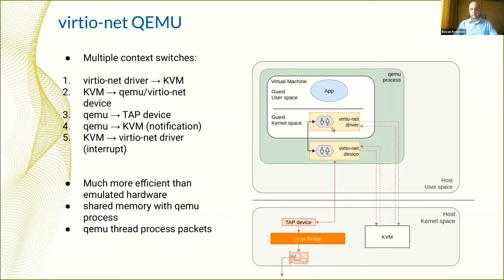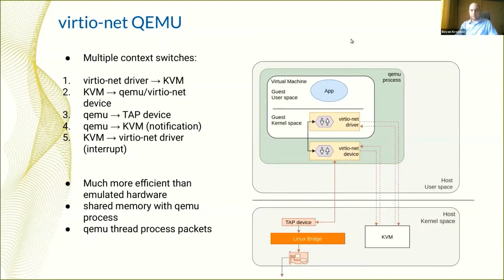You have the virtio-net driver in the guest, which communicates with the virtio-net device backend in QEMU, which then goes through a tap device in the host, a software interface in the host, to submit the packets to Linux Bridge or Open vSwitch in the kernel in the host. So this is the most traditional and also default out-of-the-box way QEMU KVM implementations are configured.